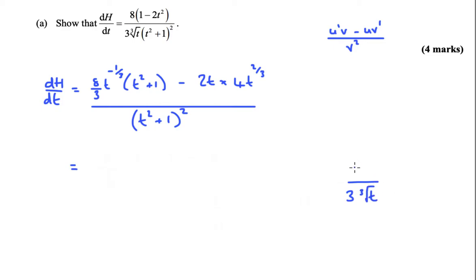So let's multiply by a 1 that is of the form 3 times the cube root of t, but I'm going to have the denominator there that I'm after. I don't need to worry about the 8 because the 8's in there already. So this one is already in the right form. This already says 8 over 3 cube root of t.